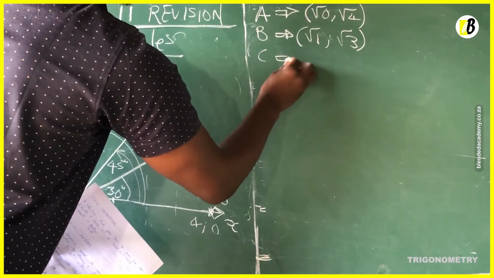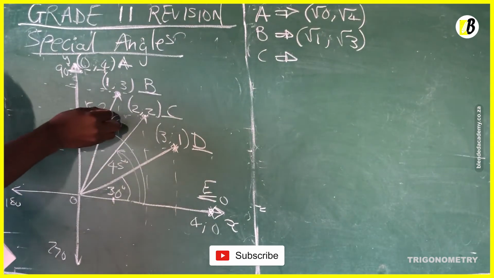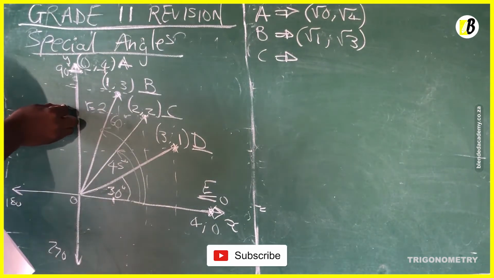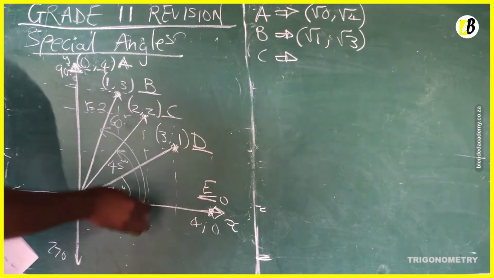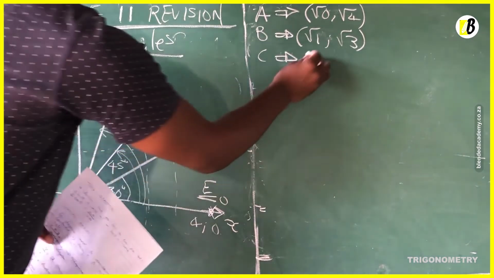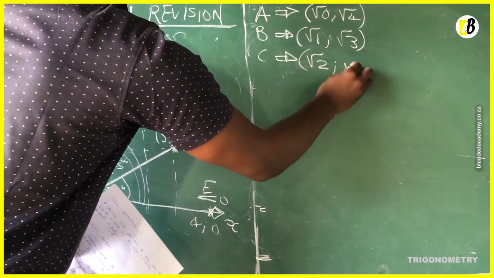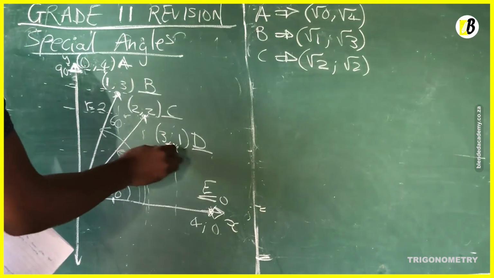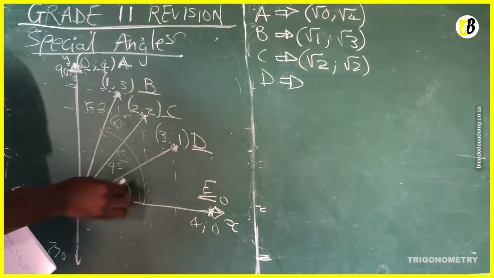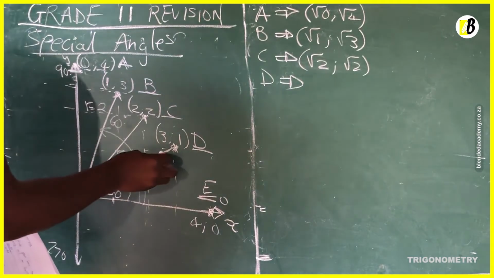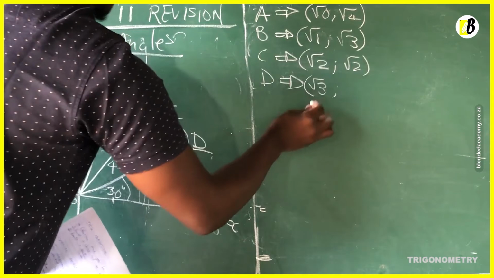And then for the third point, which is point C, our y corresponds to the value of 2, and then our x will correspond to the value of 2 also. It's going to be square root of 2 for x, and then square root of 2 for y. And then moving on to the fourth point, D, we're going to have square root of 3 for x, and then square root of 1.